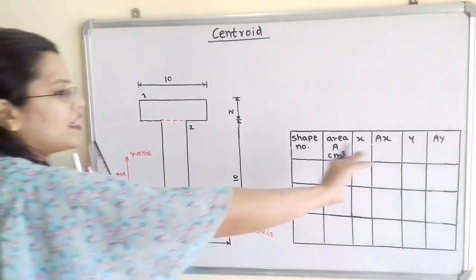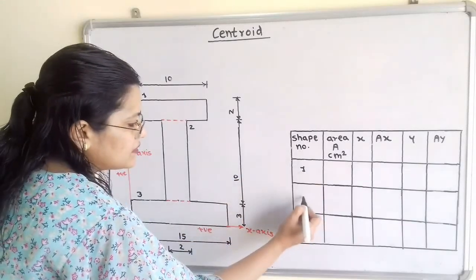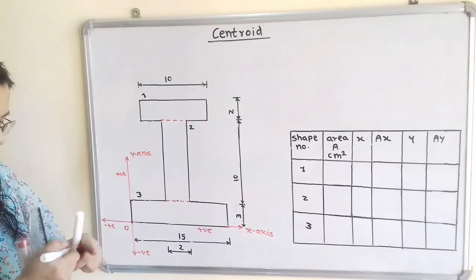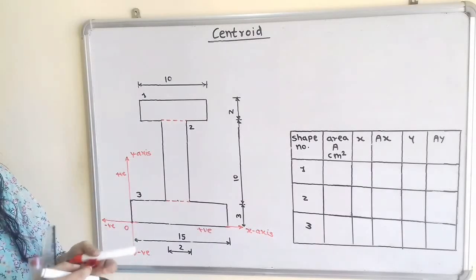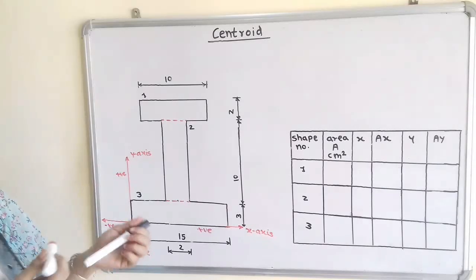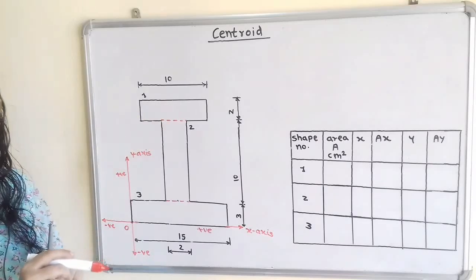So we will prepare here one table and we will mention the shape number. Shape number 1, shape number 2 and shape number 3. Now what is the next step? So next step, we have to find out the values of x and y for all these shapes. So first we will take the shape number 1.